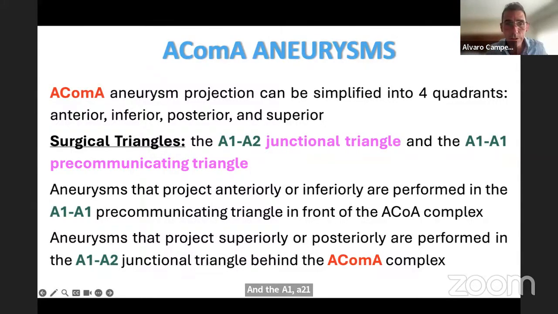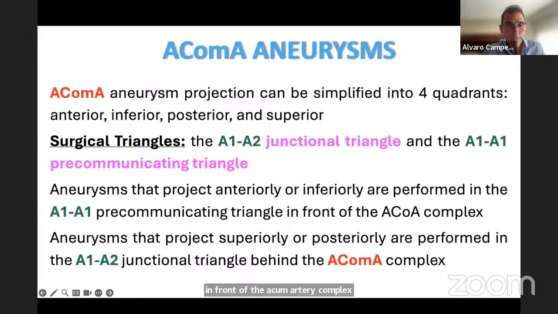So aneurysms that project anteriorly or inferiorly are operated in the A1, A2 precommunicating triangle, in front of the ACom artery complex.